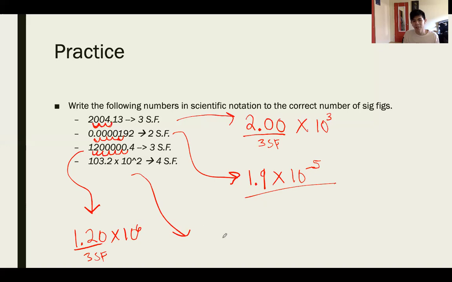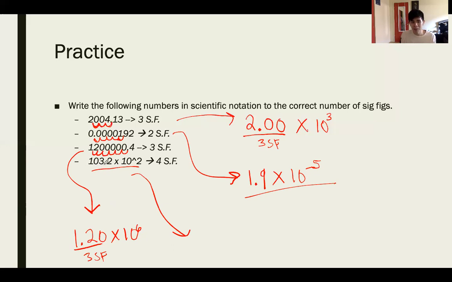And for this last one, this one can be a lot trickier for students, but the idea here is that this is basically just a number. It's not in scientific notation because we know that in scientific notation, it would be in the ones place like everything else that we wrote up here. But this is in the hundreds place.